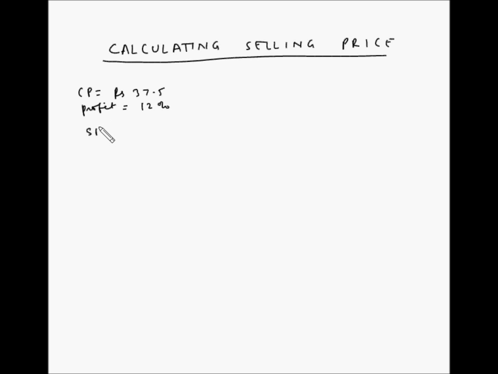So your selling price will be equal to your cost price plus 12% of your cost price, which is equal to 37.5 plus 12 divided by 100, because it is in terms of percent, multiplied by the cost price, which is 37.5. So this expression here means 12% of the cost price.